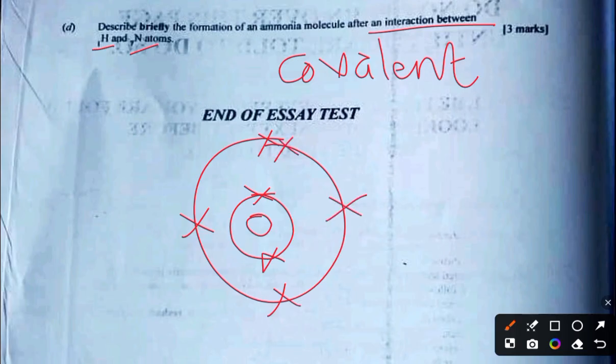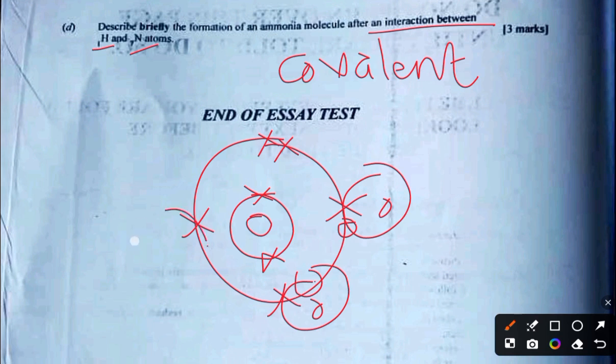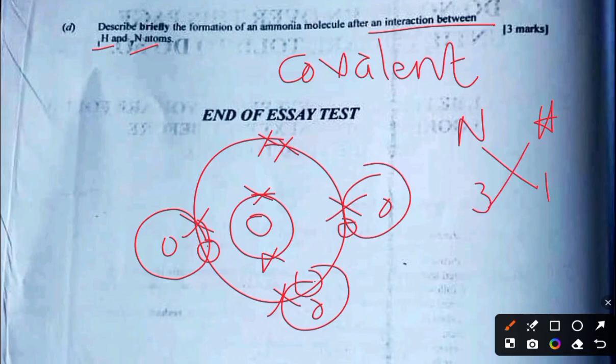Then the hydrogen comes in. 1, 2, 3. How did I get this? In writing the compound that is formed, nitrogen here, hydrogen here, the valency for nitrogen is 3. The valency for hydrogen is 1. When you do the exchange, you're going to have NH3.